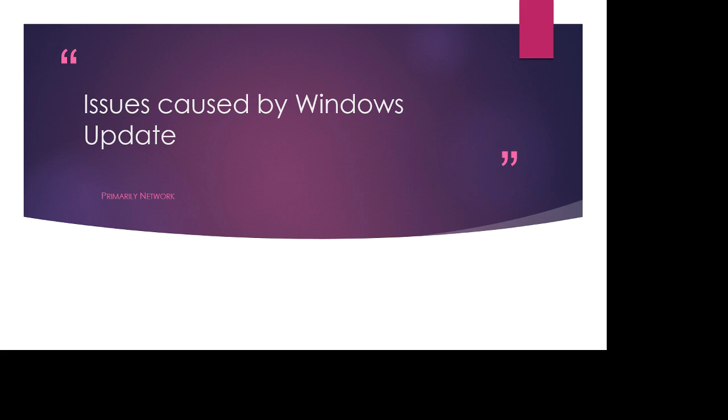So some of the things you might see: intermittent share access, which means you may be able to get to some shares, but not others. Maybe they're both on the same machine, maybe they're not. Maybe you can print to some actual printers on the network and not others.